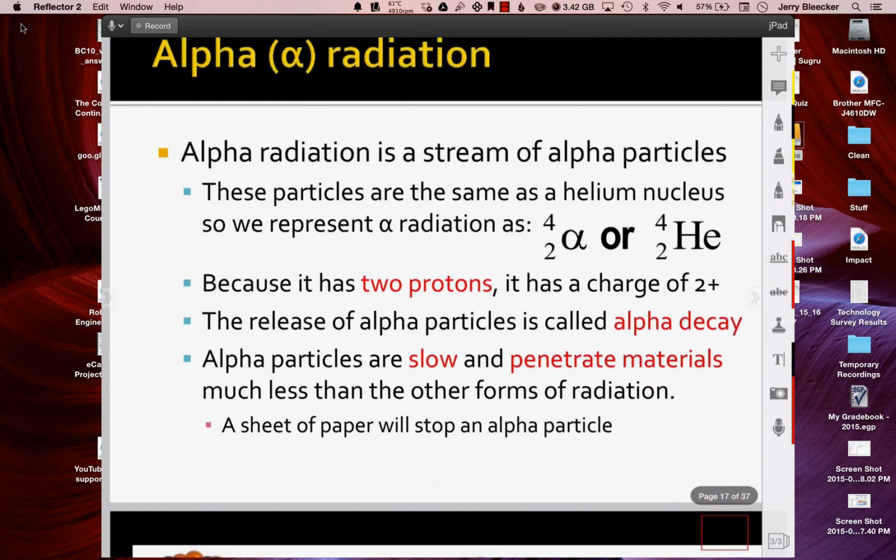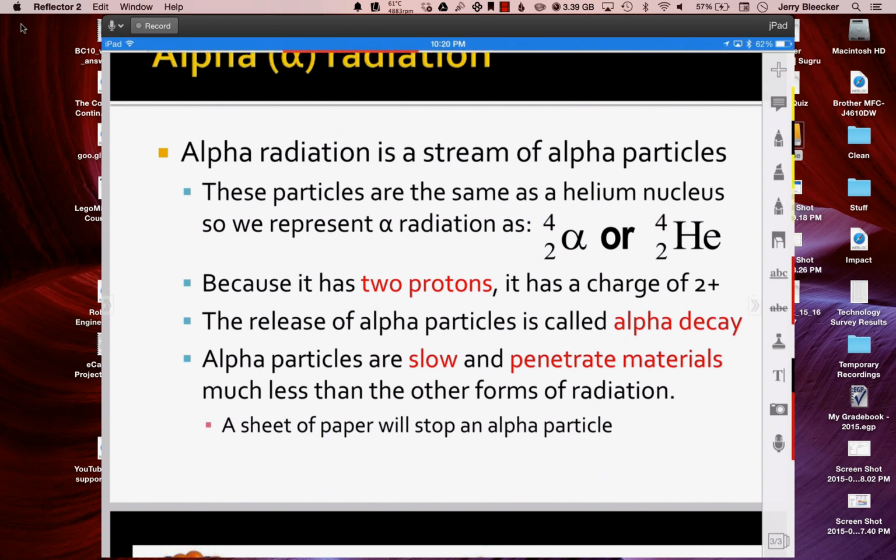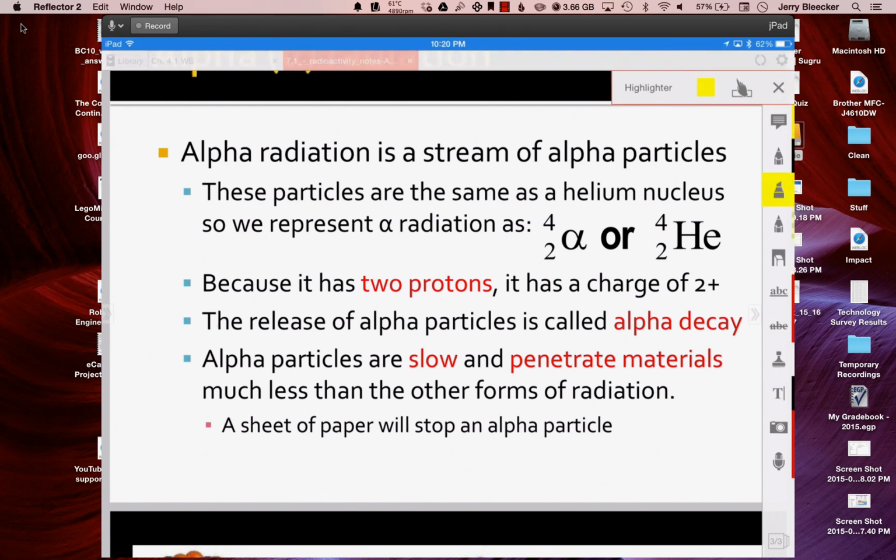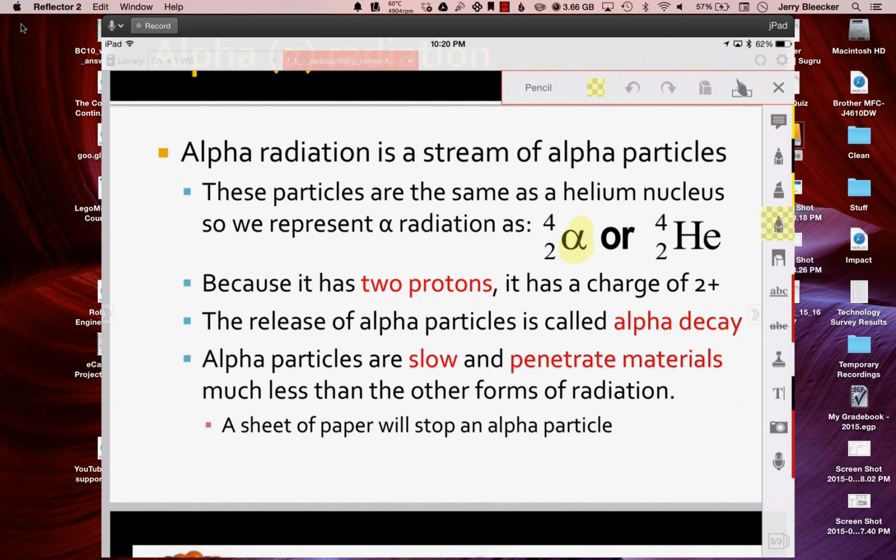So alpha radiation, you have to keep your eye on the notation for this, okay, guys? It's kind of important. What they'll say is that you can use the symbol alpha for this, or you can put in He for helium.